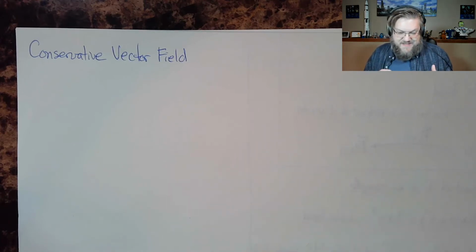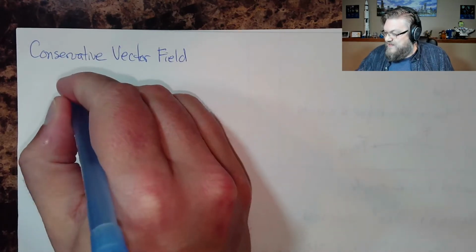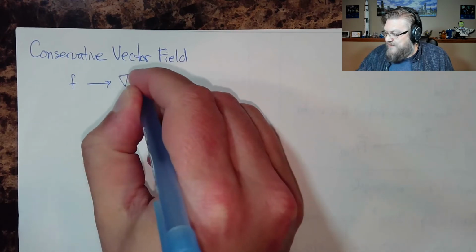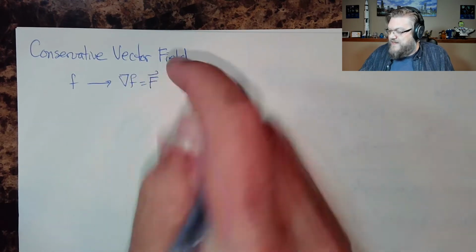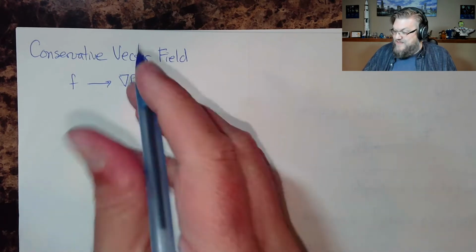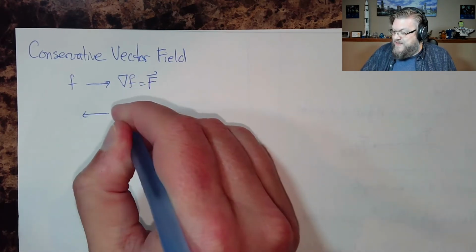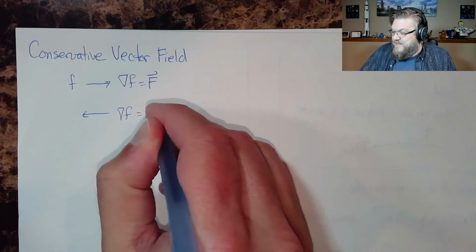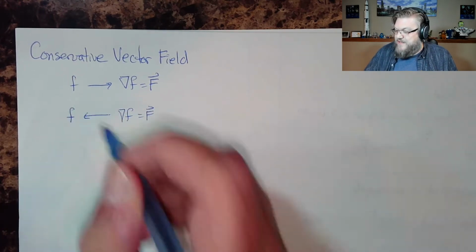In other words, this is an idea of anti-differentiation. If going from f to del f, equaling some vector field, is differentiation, then I want to start with a vector field and see if I can get back to little f.